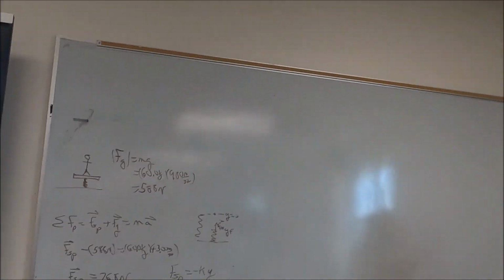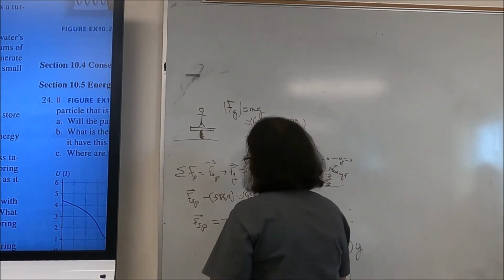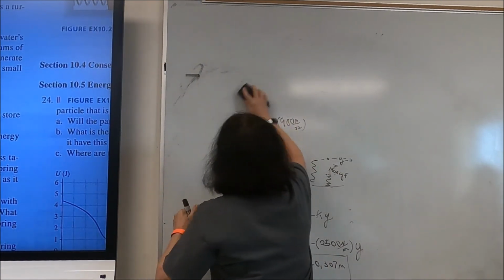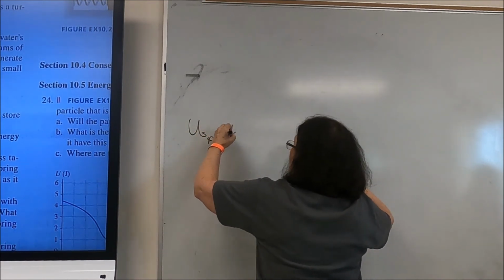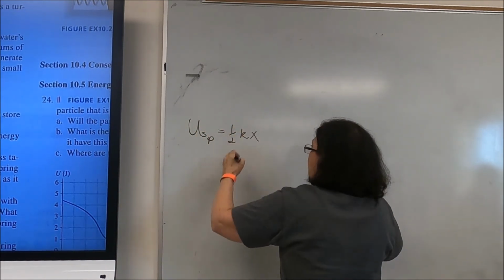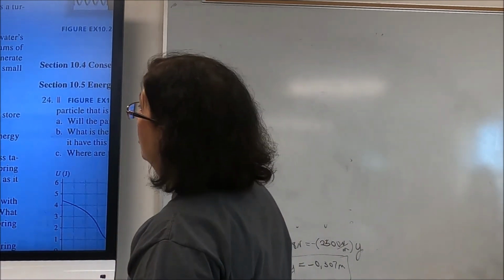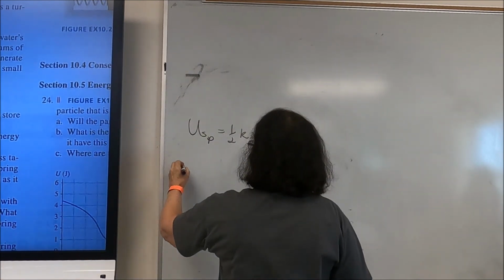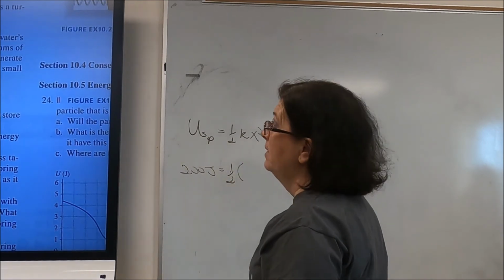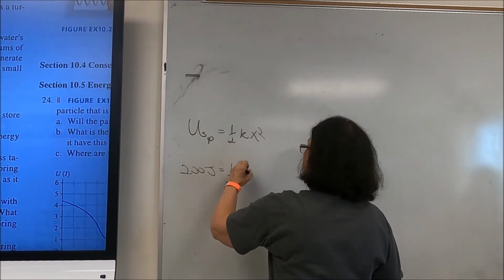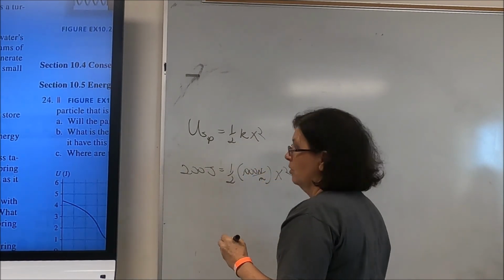So let's store 200 joules. U spring is equal to 1/2 k x squared. We know that we want to store 200 joules, and the spring constant here is 1,000 newtons per meter, x squared.